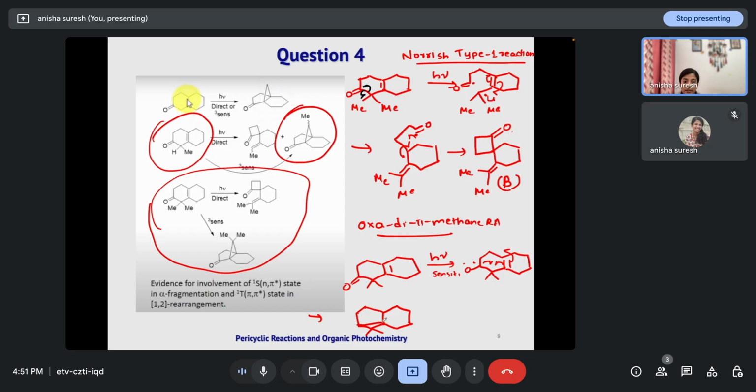Here a cyclopropane ring will be forming and an oxygen radical will be there, and here a new radical will be there. Now what will happen? When this carbonyl forms back, this bond will be breaking, leading to formation of a new radical there.